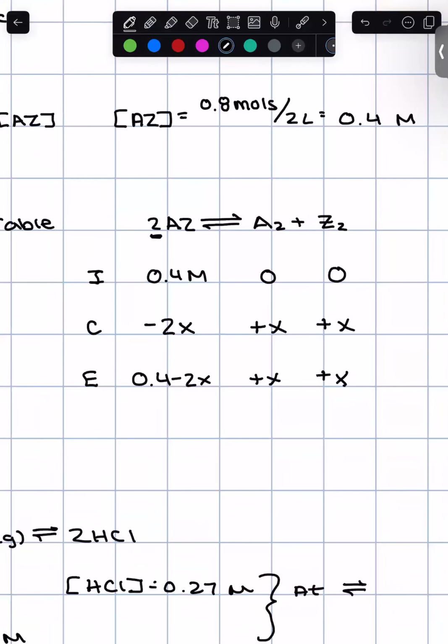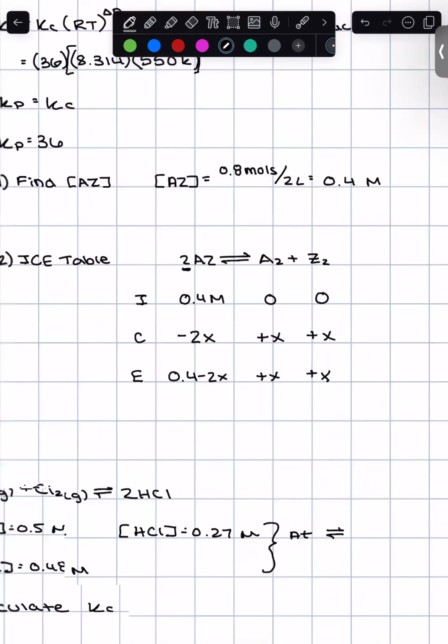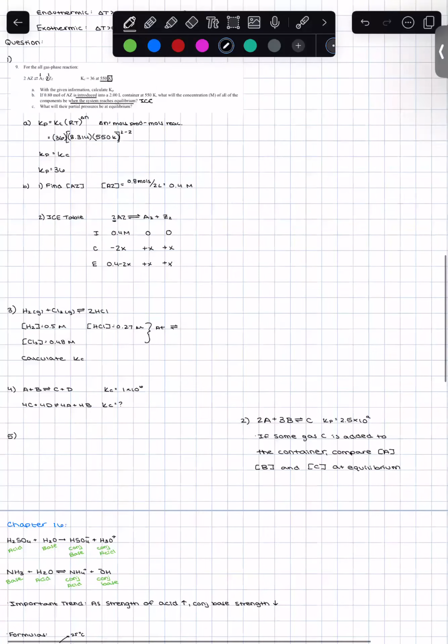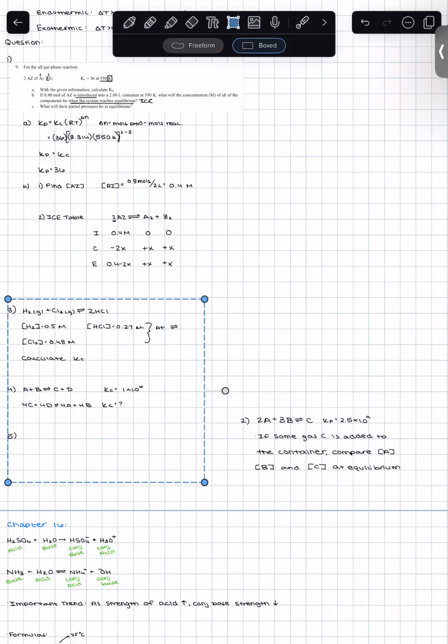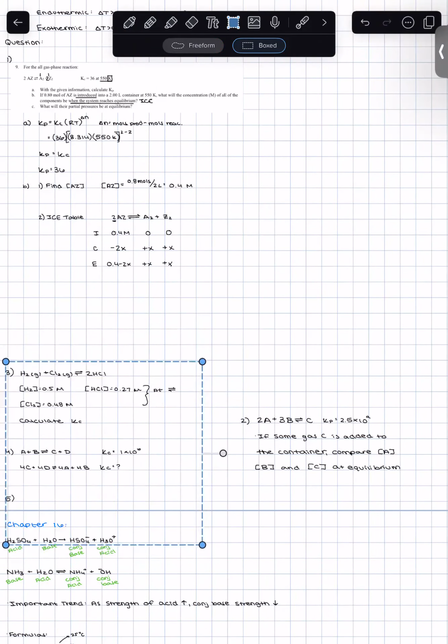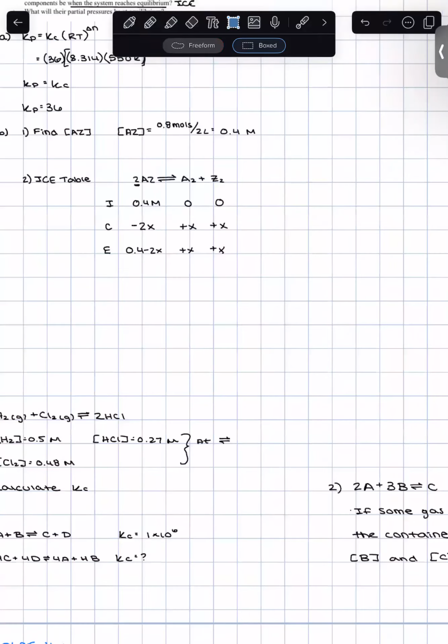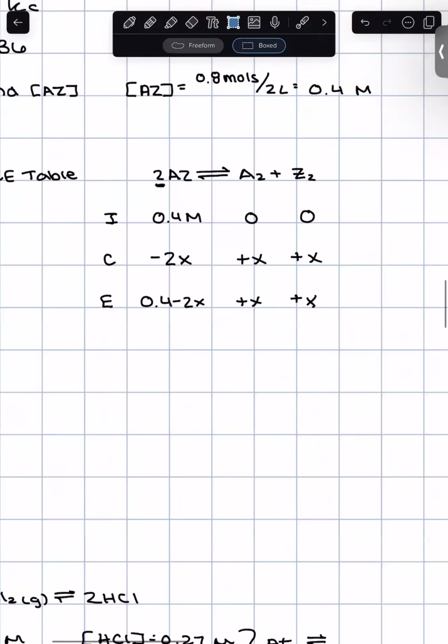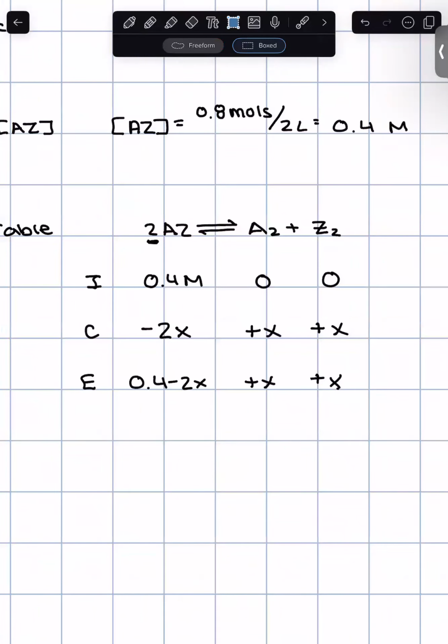So I got a question, would this be forward or reverse? We know this is forward because we started with 0 products. If we had more product, we would have to plug into the Kc equation to check, and I will show you that in a later problem.